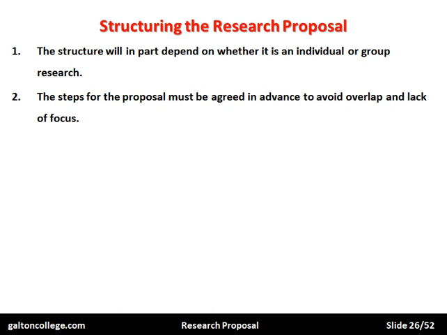The steps for the proposal must be agreed in advance to avoid overlap and lack of focus. So it's important right at the outset to have a very clear picture of the process that's going to be undertaken, the various steps, so that it's easy to monitor the progress throughout.